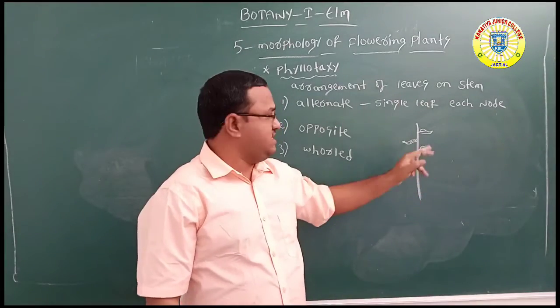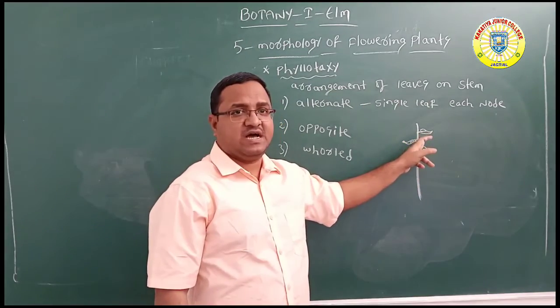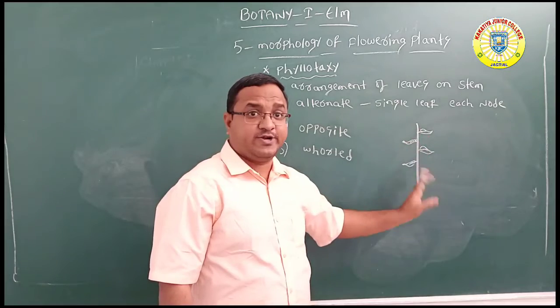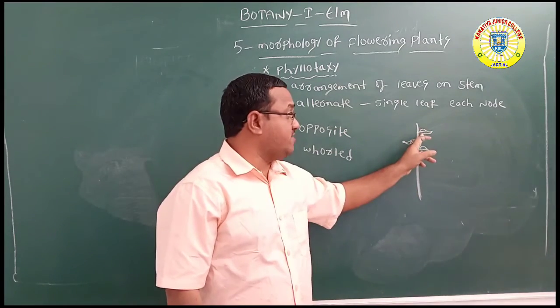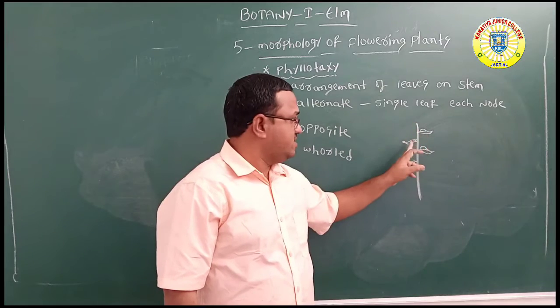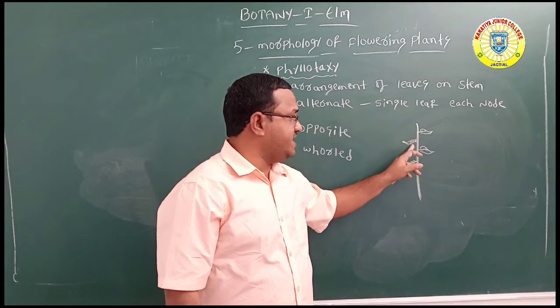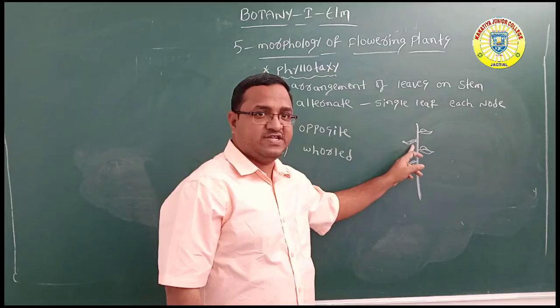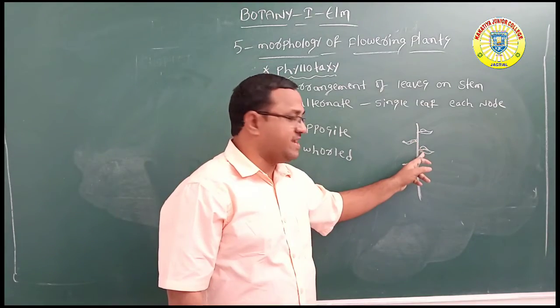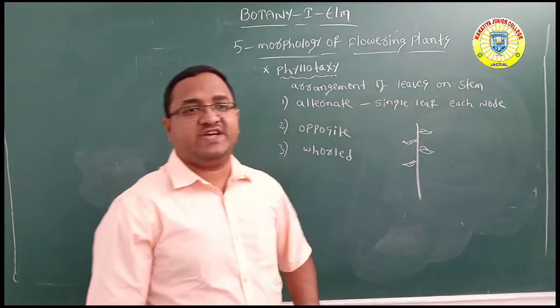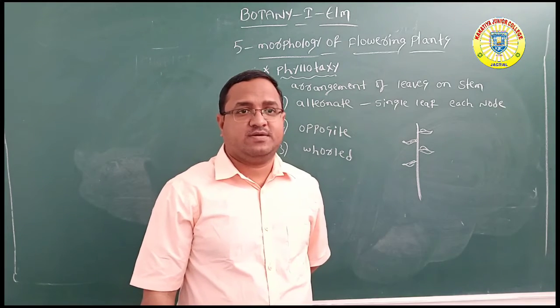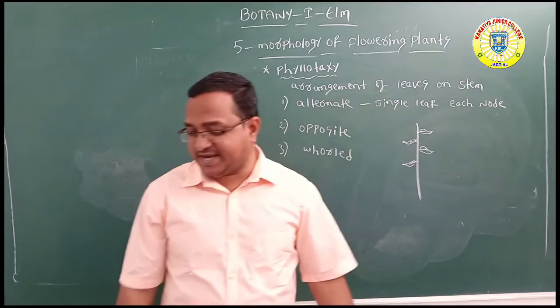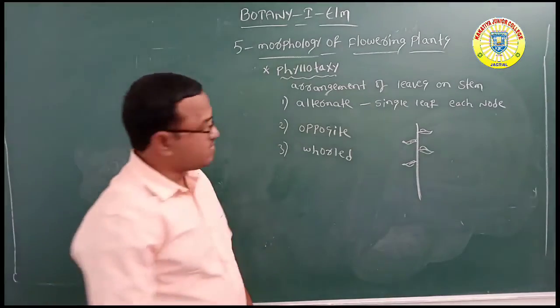Alternate means each leaf arises on the stem alternate to the others. Here is one node with a leaf, and at the next node, another leaf. So each leaf is present at the node alternate to each other. That is alternate phyllotaxy.